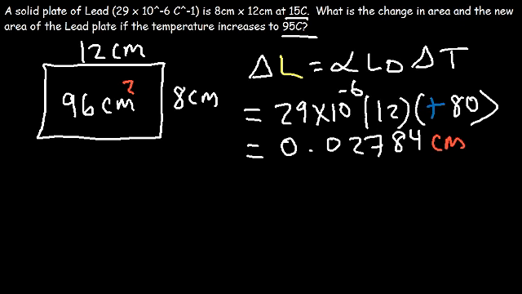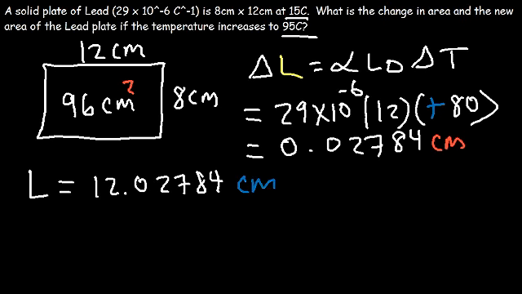So what is the new length? The new length is going to be L0 plus the change in length, so that's going to be 12.02784. Now let's do the same thing for the width. Let's calculate the change in width.